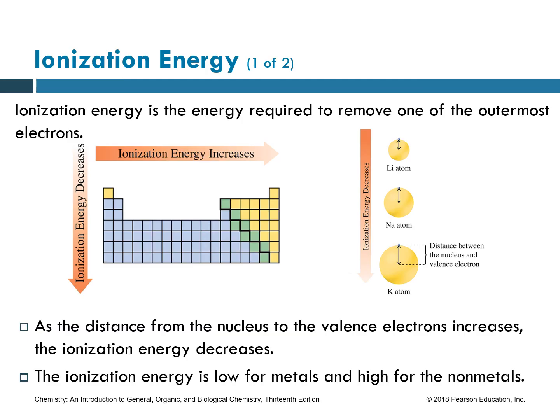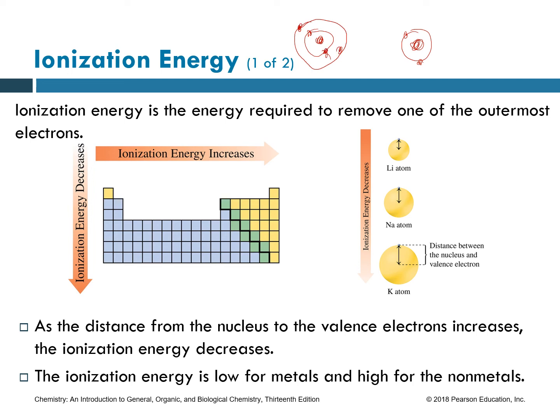Okay, the next property is called the ionization energy. Ionization energy essentially means the energy that is required to remove the outermost electron from an atom. So if this is an atom, it has a nucleus and some electrons, and then there's another atom which has a nucleus, and the outermost electrons are, let's say, in the outer shell.